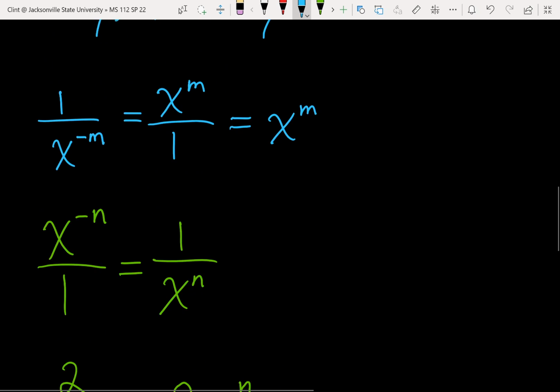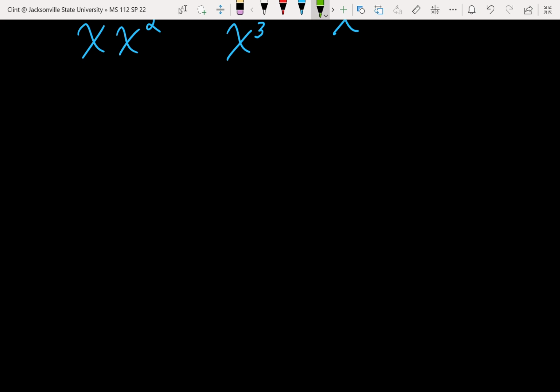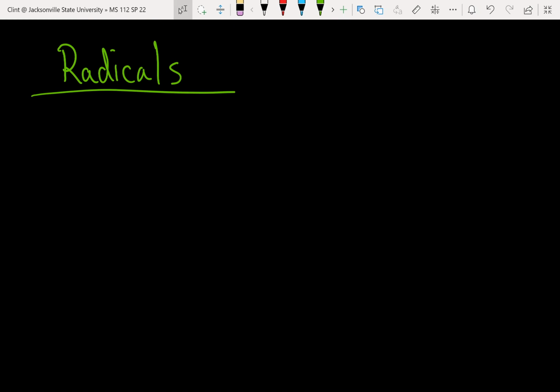The other part of this section, so we've got our exponent rules we wanted to review, and then the other part, we want to talk some about radicals. Kind of have two pieces to it.